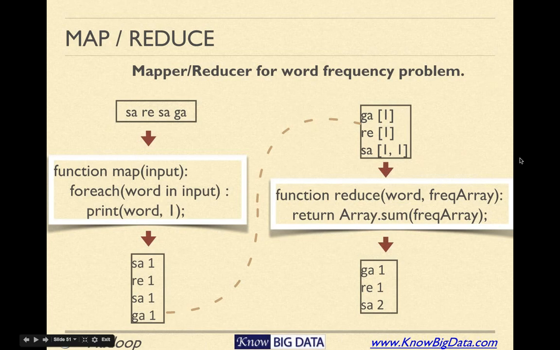All right, so now Leonid's question: does reduce function happen on data node or name node? First let me explain quickly, and then we'll come back to the question.